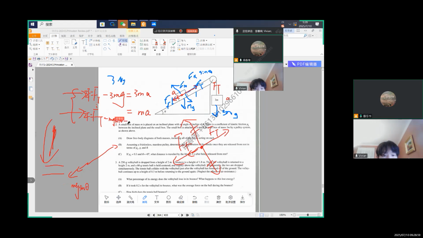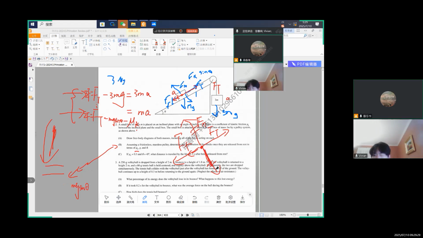Friction is what? mu Fn, right? Because they say mu is known. So mu k times Fn is what? I guess I have to use this after all. This is Fn. What is this force?